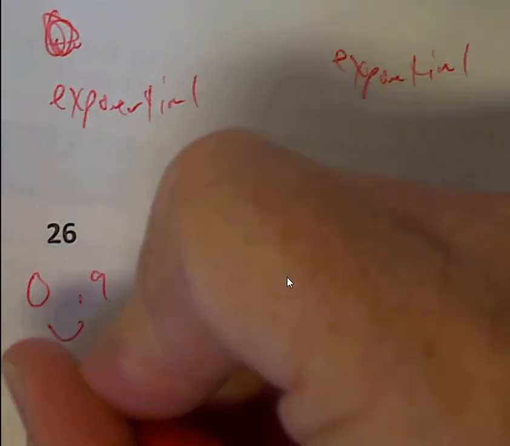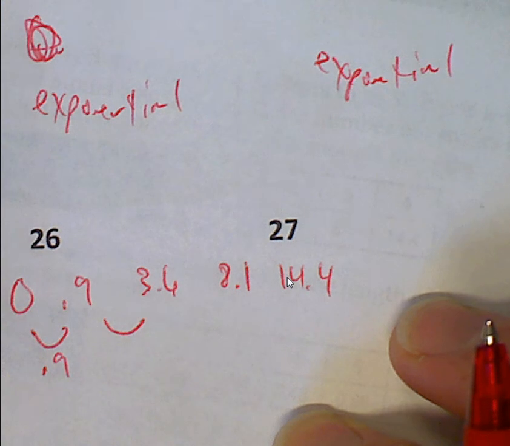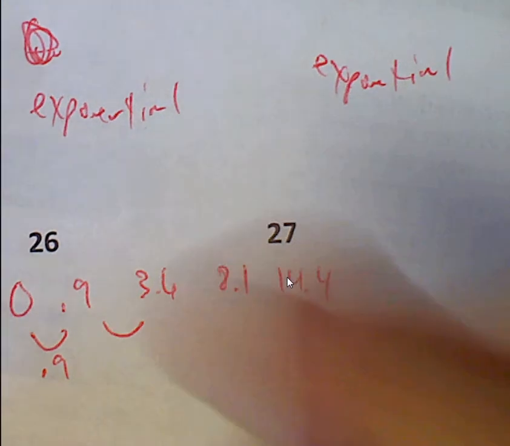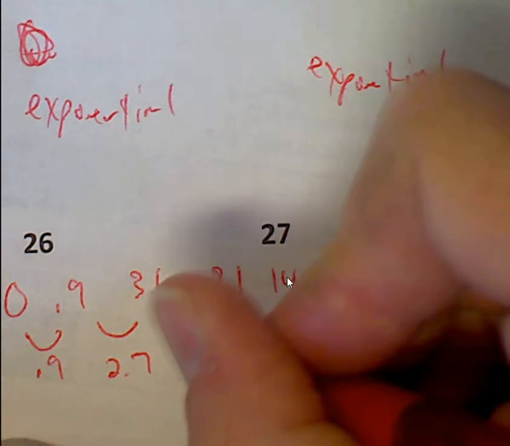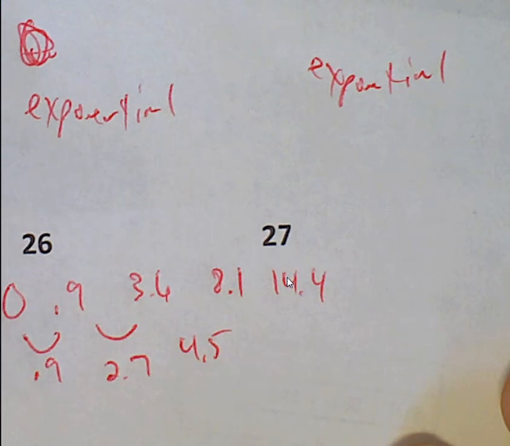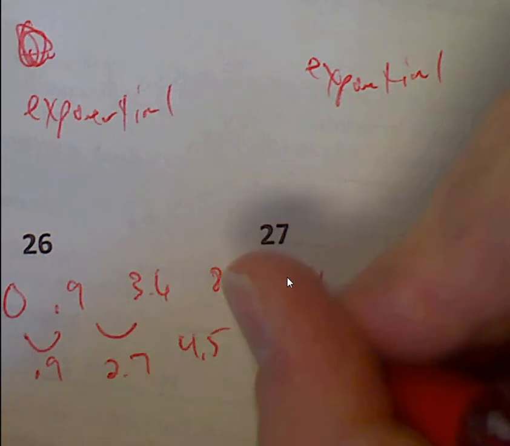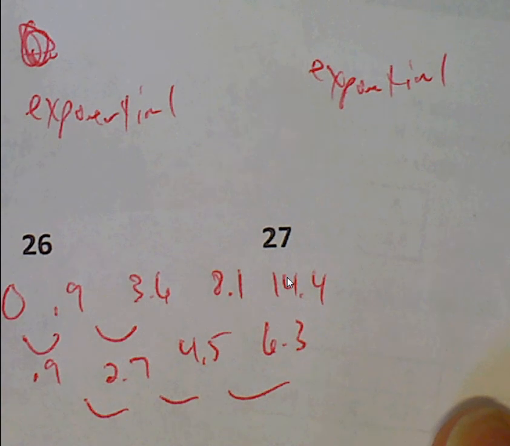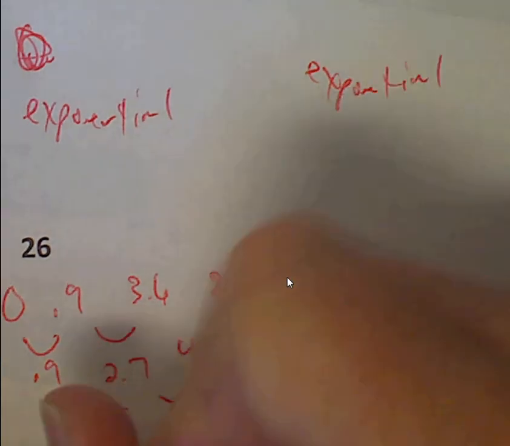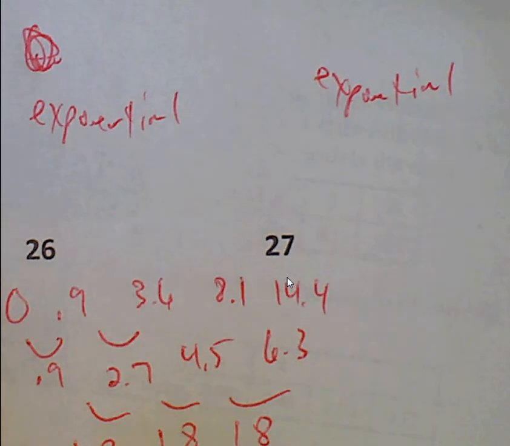So this would be 0.9. 3.6 minus 0.9 gives me 2.7. 8.1 minus 3.6 gives me 4.5. 14.4 minus 8.1 gives me 6.3. Let's see if the difference is the same. 2.7 minus 0.9 is 1.8. That's 1.8. So this is a quadratic.